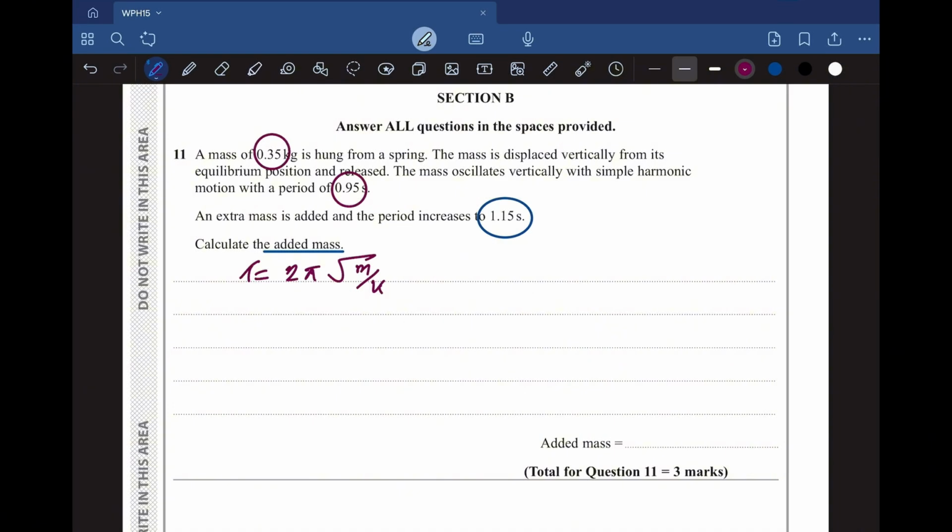We don't know the value of k, so we can figure out the value of k first. So the time period 0.95 is equal to 2 pi into root over 0.35 divided by k. This is how we can do it. Now we will make k the subject.